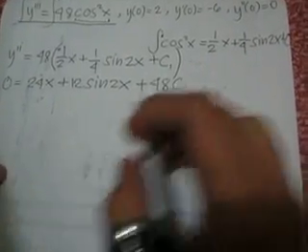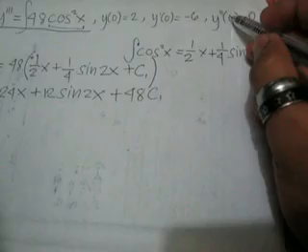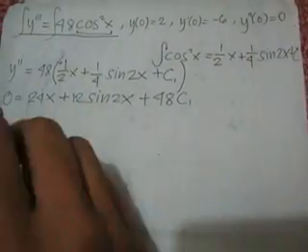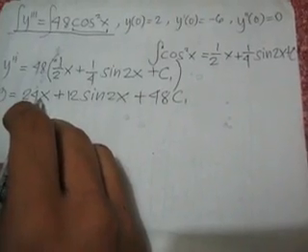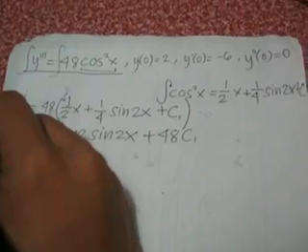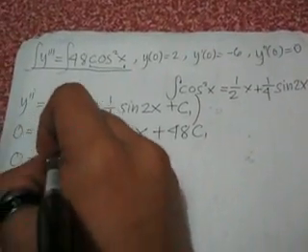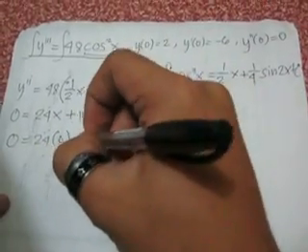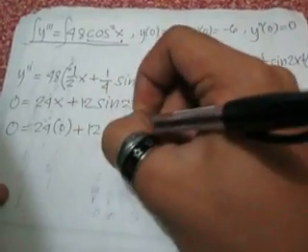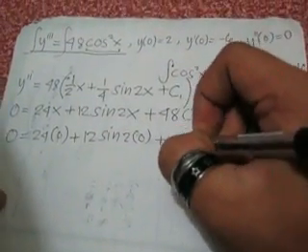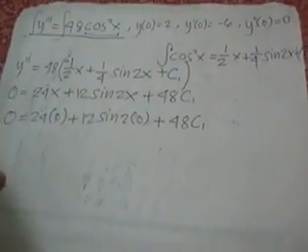Now this says that if x is 0, y double prime is 0. So we now substitute 0 to all the x's in this expression. So 0 is equal to 24 times 0 plus 12 sine 2 times 0 plus 48 c1.